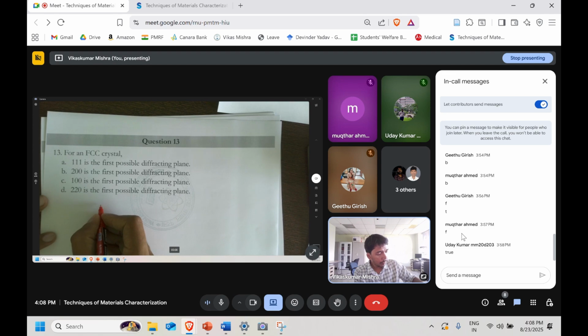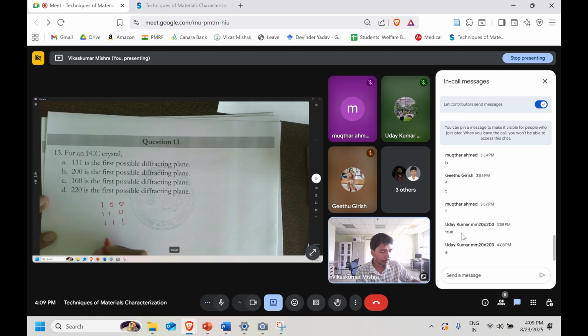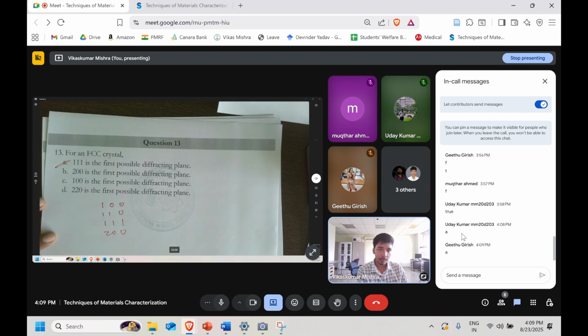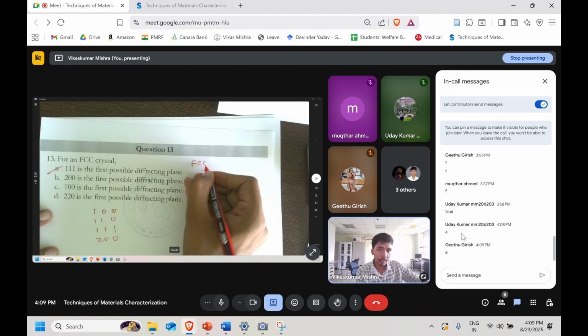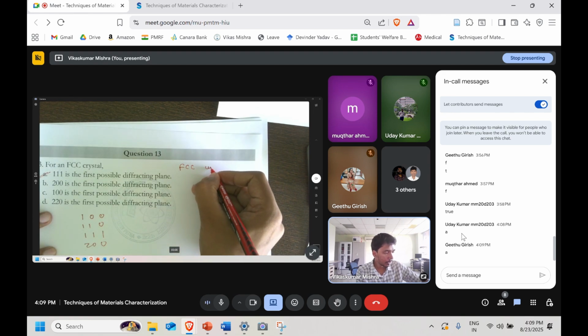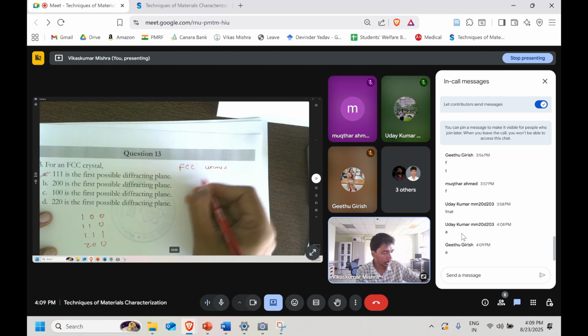Let's talk about the planes 1, 0, 0. After that 1, 1, 0, 1, 1, 1, 2, 0, 0. Very good. The right answer is option A. So what is the criterion for the FCC to satisfy? FCC should be unmixed, that is, either all should be even or all should be odd.